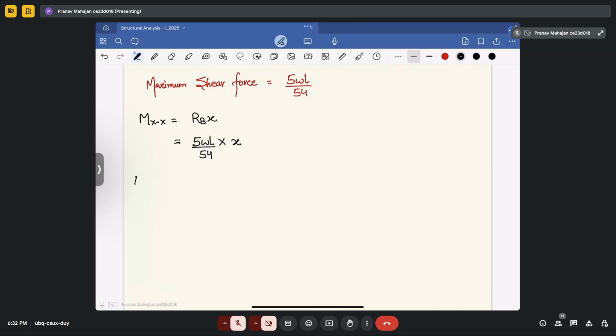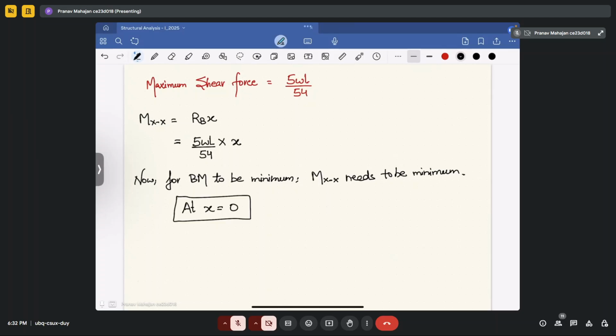Now for the bending moment to be minimum, MXX needs to be minimum. So when will this minimum come? This minimum will come at X equal to 0. So at X equal to 0, your bending moment will be minimum.